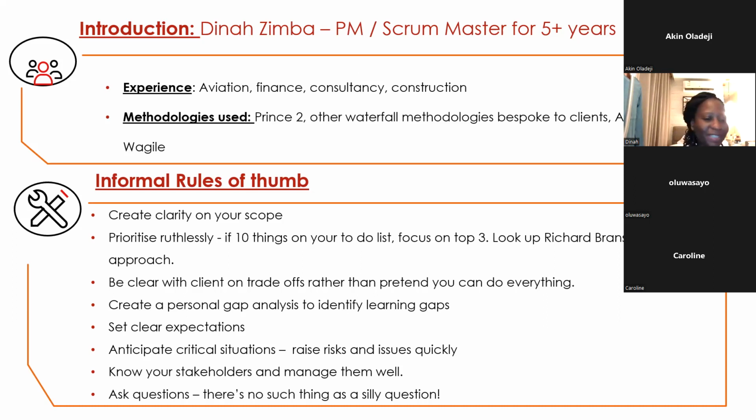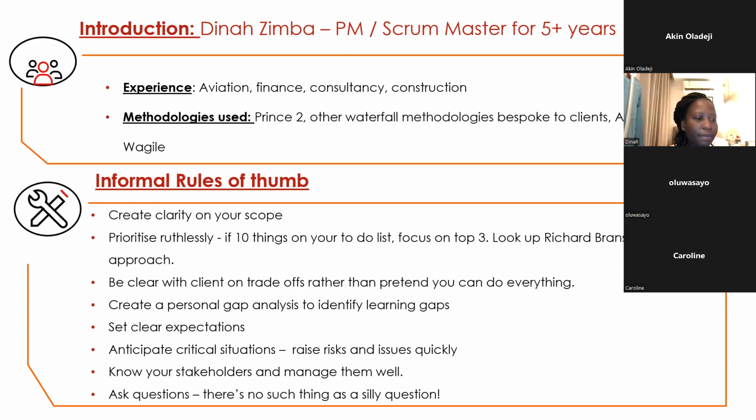Right, I'll just continue with the presentation, if that's okay. So with regards to setting up clear expectations, it's just to help you as a project manager guide you so that you can produce what is expected of you. What is it that they want? Do they want a high level plan and you keep the detailed plan?